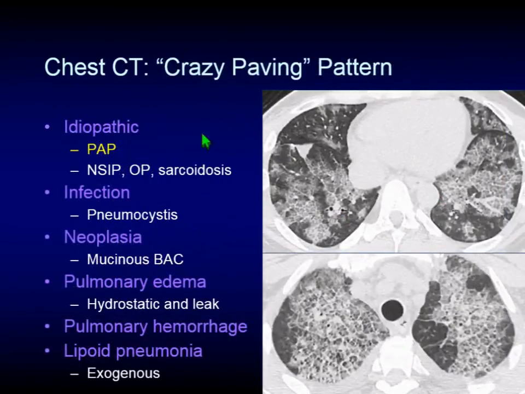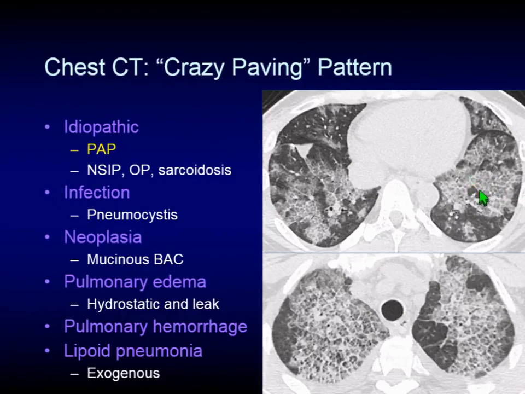Here we see what we call crazy paving, and you may run into this term. What we mean by crazy paving is that you see ground glass attenuation, and within that area of ground glass, you see this linear pattern of interlobular septal thickening, as well as intralobular septal thickening, resembling paving stones.